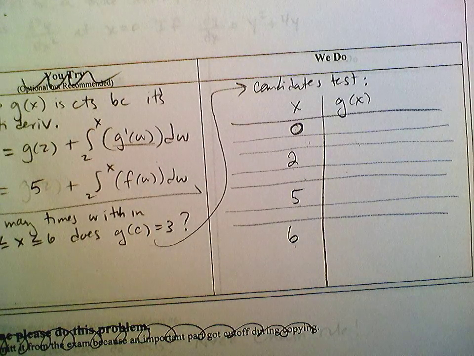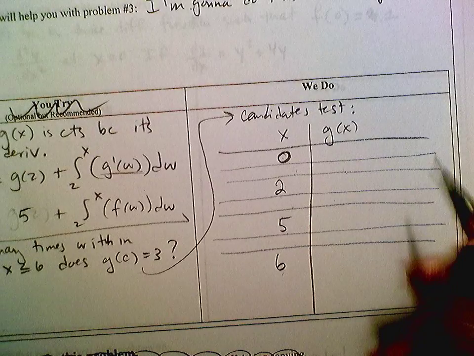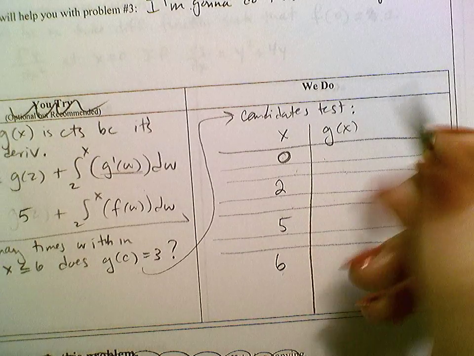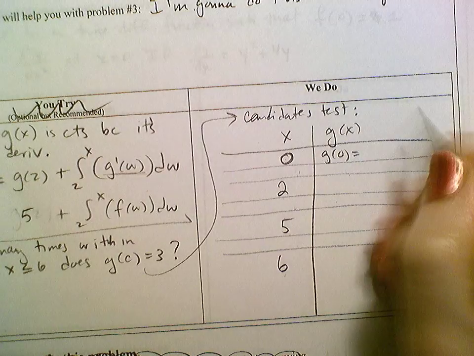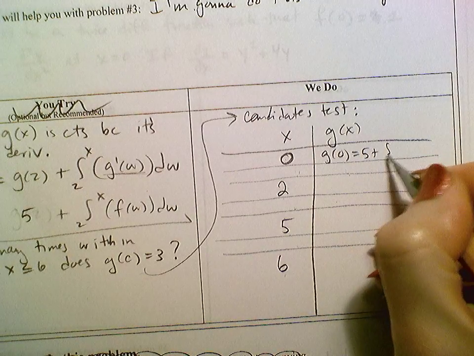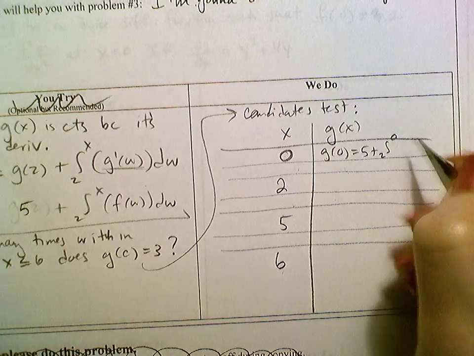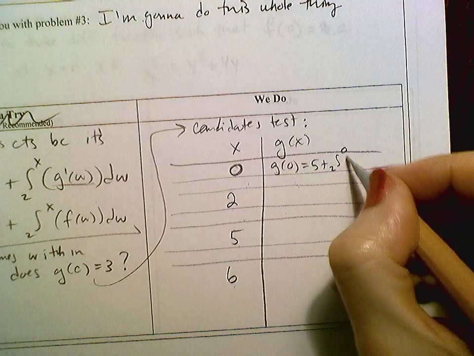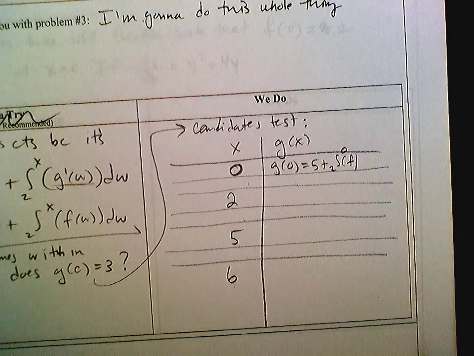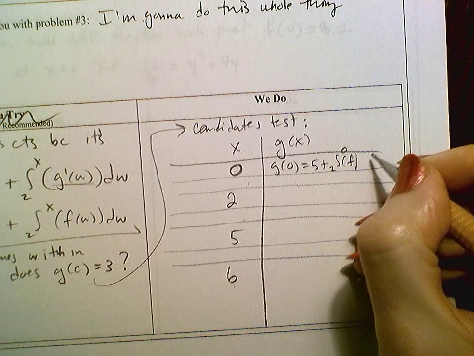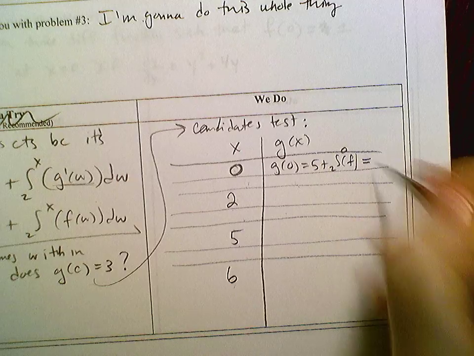All right, so let's just see if this works for us. I wish I made these bigger, actually. Okay, so for this, g of 0 equals 5 plus the integral from 2 to 0 of f. Okay, I'm not using proper notation because I don't have a lot of room. Okay, and what is this equal to?